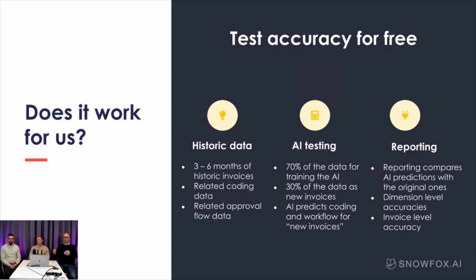We compare those AI predictions to the original values of those 30% of the invoices, and we report that in our analytics for the customer. Based on the reporting, the customer can see how well Snowfox works, what the automation level could be, and build the business case based on that. And all of this is done without commitment from the customer side.